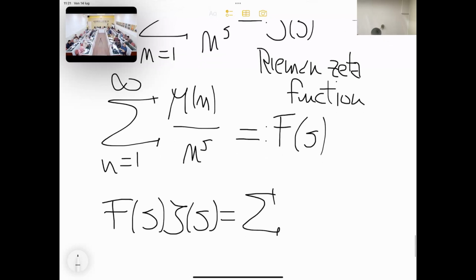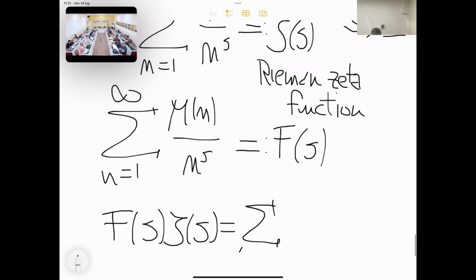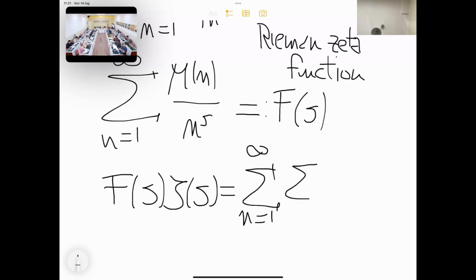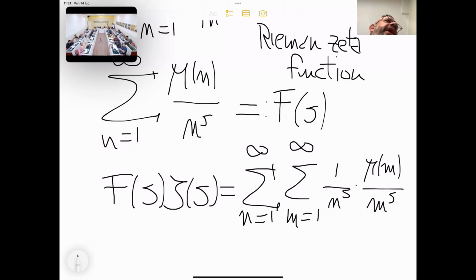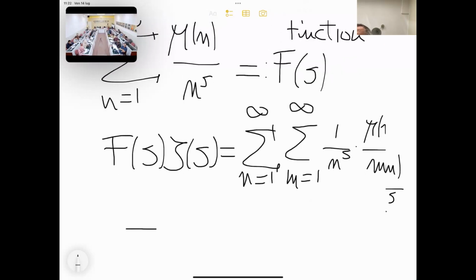So this is the sum for n that goes from 1 to infinity, and then there's a sum for m that goes from 1 to infinity, and then I have 1 over n to the power s, and then I have mu of m over m to the power s. Well, let's see. I can write it in the following way.